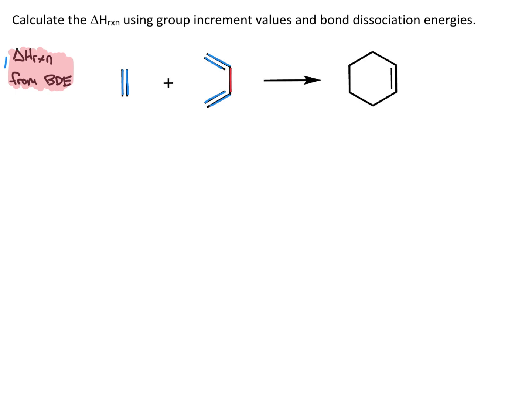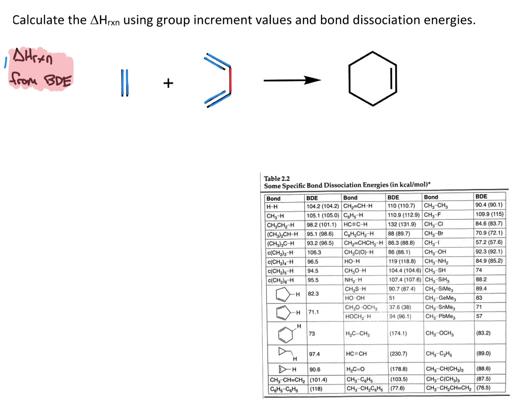So let's look at a table of bond dissociation energies. And I'm just going to use the one from the textbook. So if we want to find a carbon-carbon pi bond and the energy cost to break it, we'll just use this, 174.1 kcals. There's 3 of those.